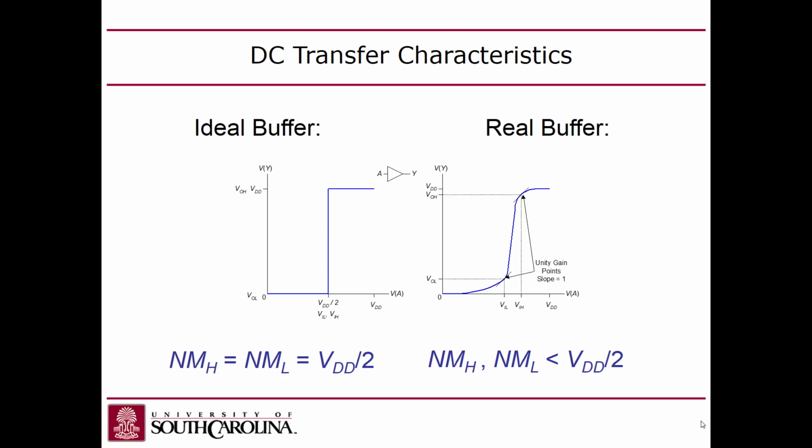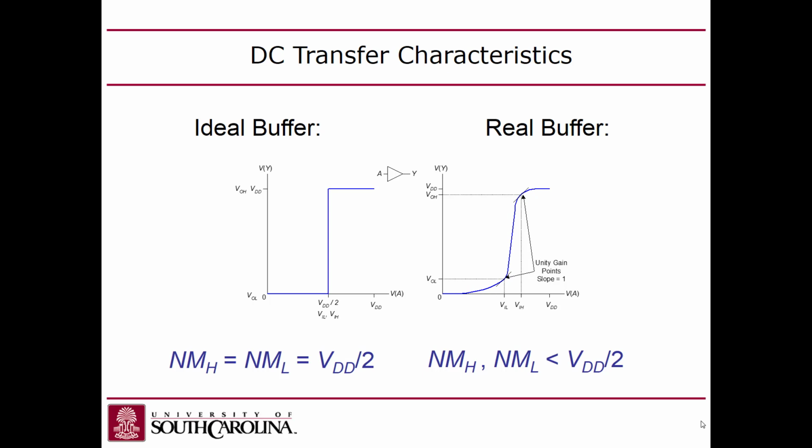Okay, so the idea though is that once the input goes to half the voltage, right? So if it's a 5-volt system, once the input gets to 2.5 volts, then that should represent a transition between 0 and 1. In other words, this is assuming there's a simple threshold. Anything that goes over the halfway mark is a 1. Anything under the halfway mark is a 0, right? But actual circuits don't work that way.